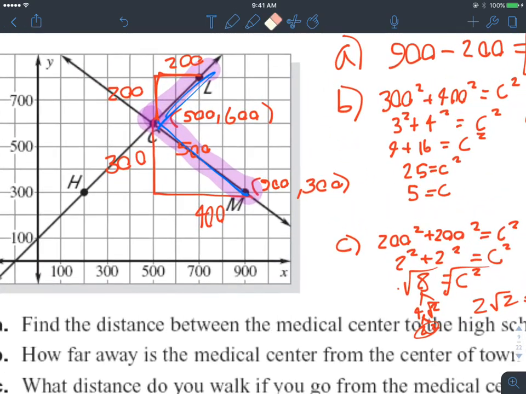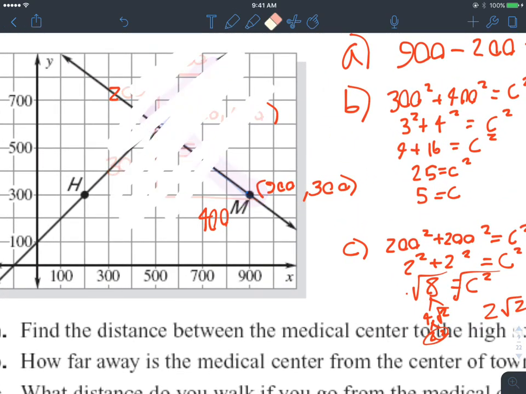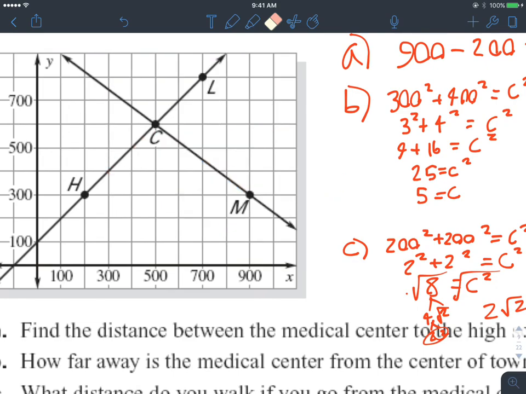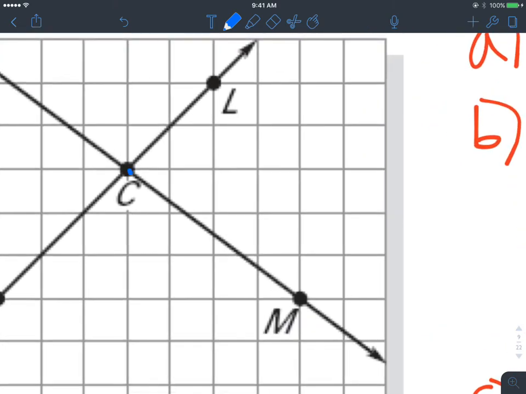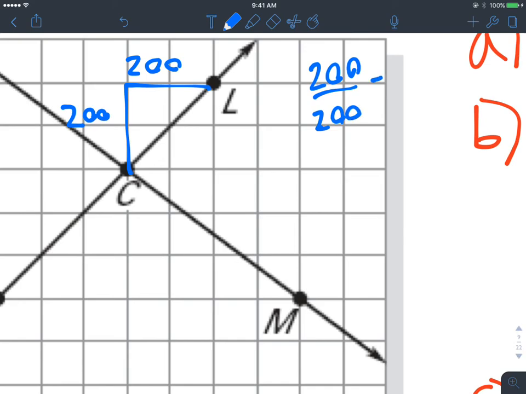So I'll go back here. I'm going to erase this because I've got a bunch of junk I don't need. And I'm just going to find the slope here. Now, it's up 200 and then over 200, so it's kind of like having a slope of 1. So that's a slope of 1 once you reduce it.